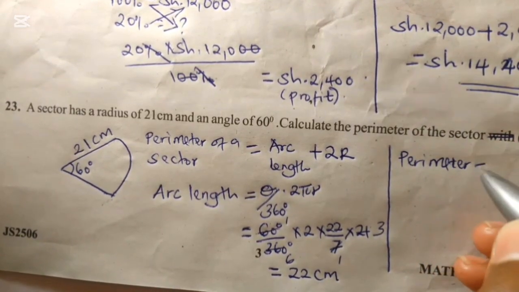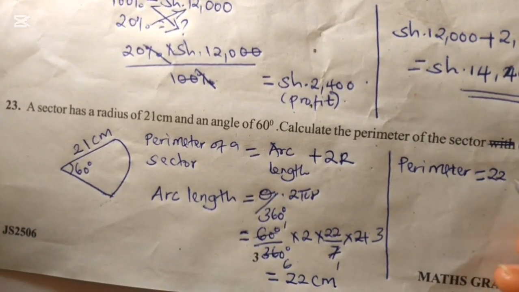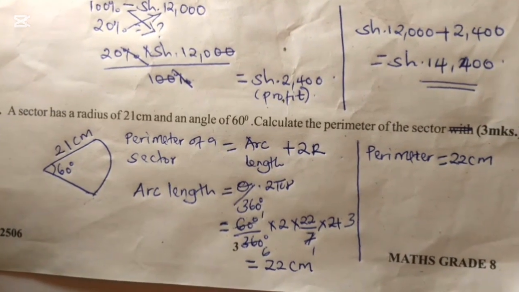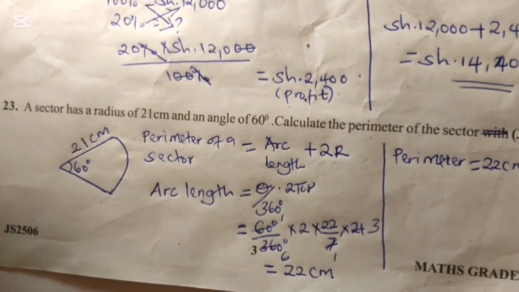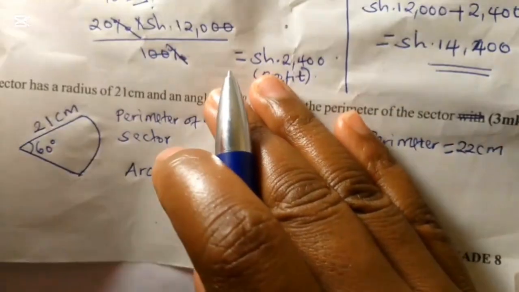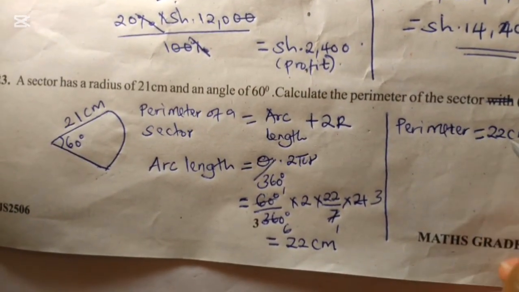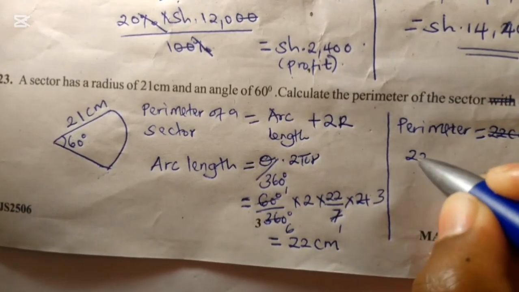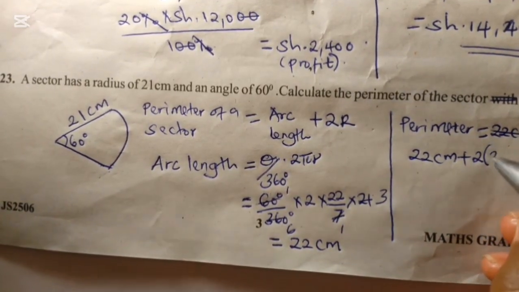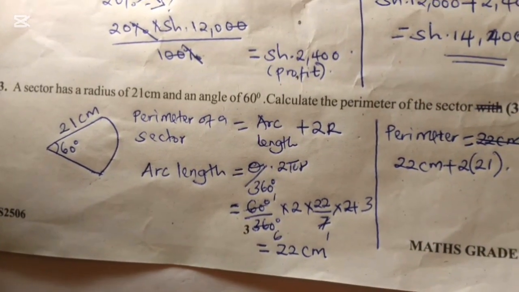meaning that the perimeter will be equal to the arc length, which is now 22 centimeters, plus 2 times 21, that is 2r.